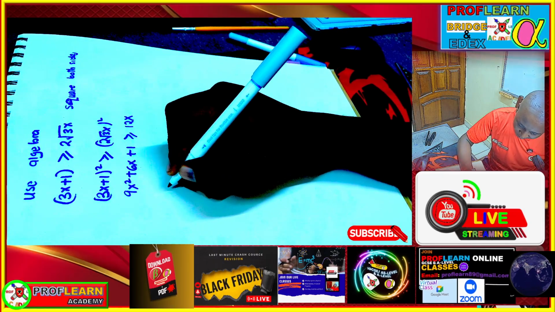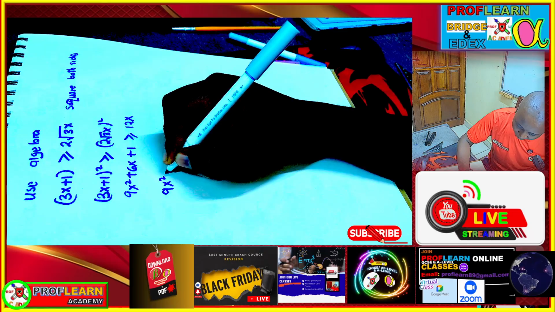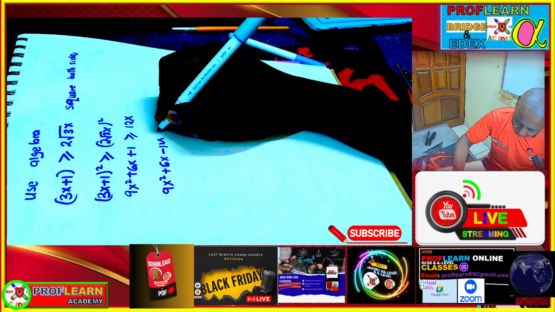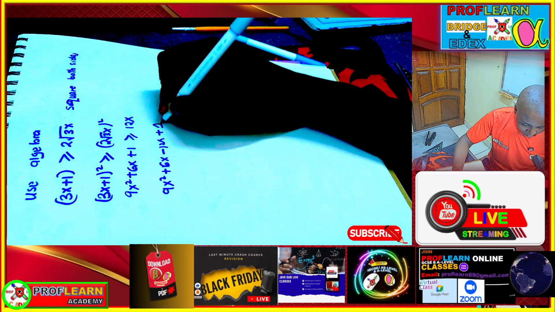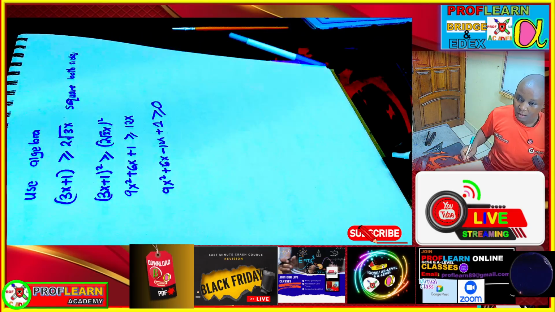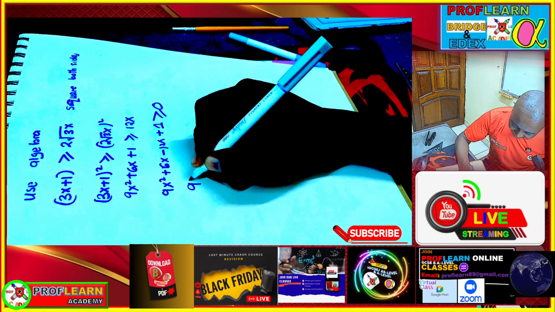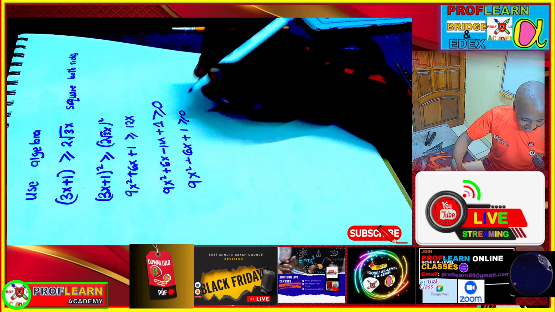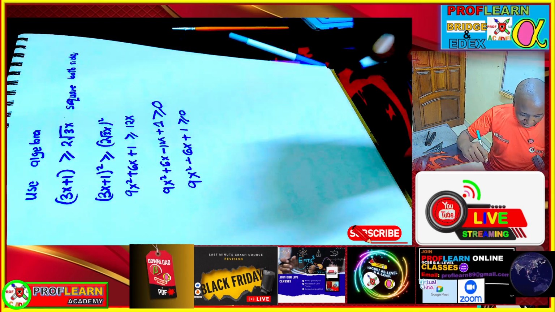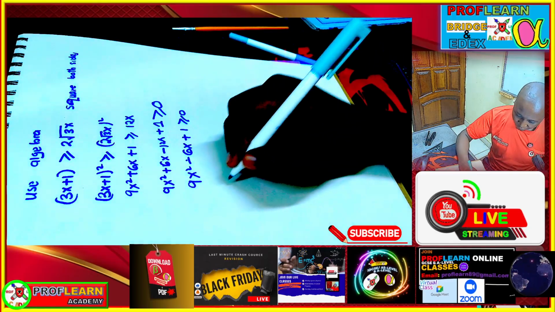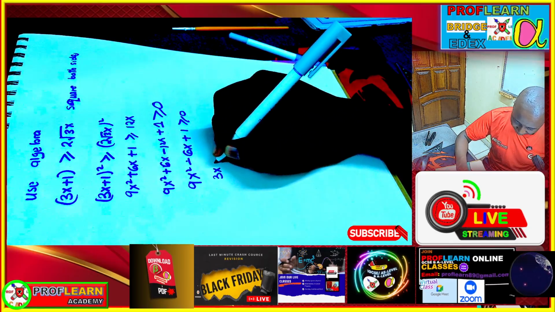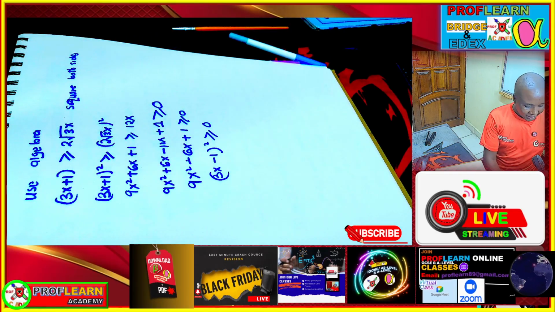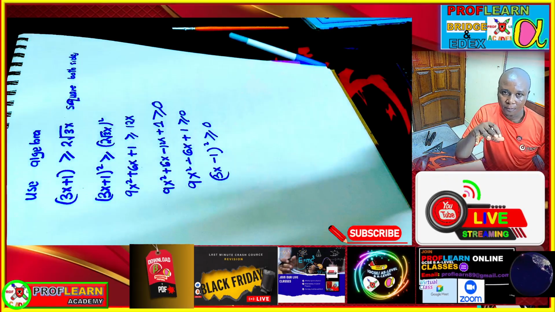Then if you put this on one side, you should have 9x squared plus 6x minus 12x, then plus 1, and that is greater than or equal to 0. So 9x squared minus 6x plus 1 is greater than or equal to 0 can be written by factorizing as 3x minus 1 squared, which is greater than or equal to 0.